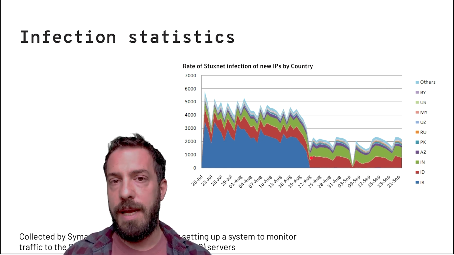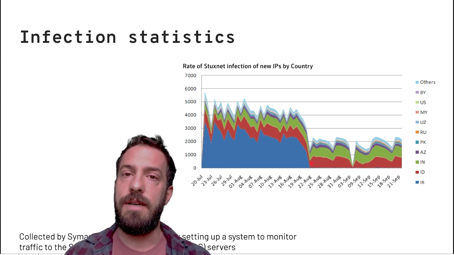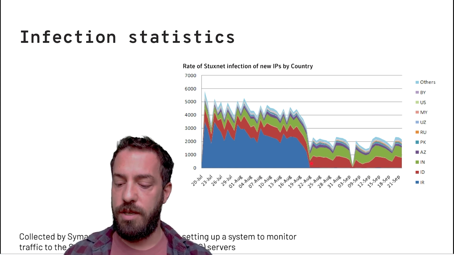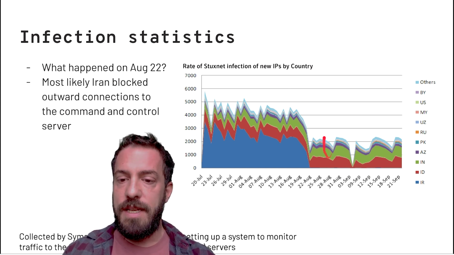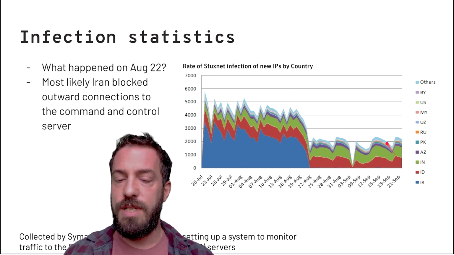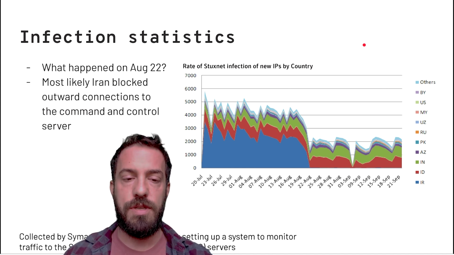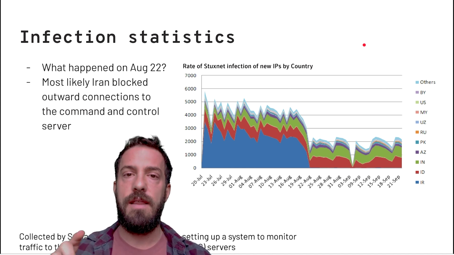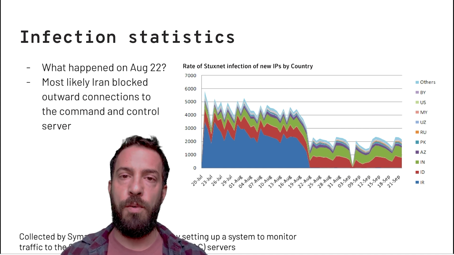That happened probably because Iran blocked the traffic to the command and control center at the country level. The other countries didn't, and it took some time for the traffic to subside. And at the end, the two URLs used were decommissioned, so no more communication would be possible.